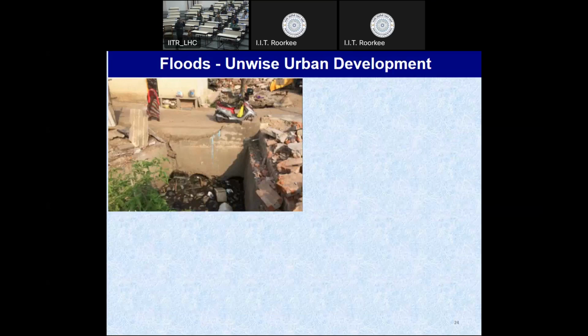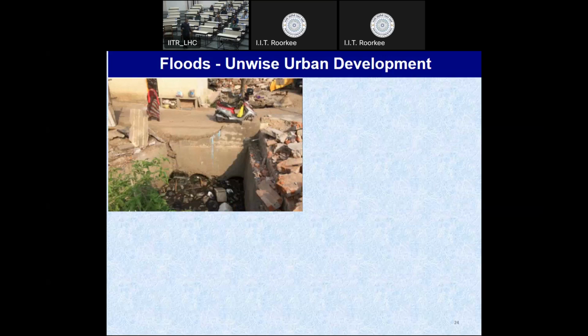Now, another picture of unwise development and unwise management, from a typical city in India. You can see that there is a nala flowing, and here we have a culvert. But this culvert is choked because of dumping of waste, plastic, and so on.